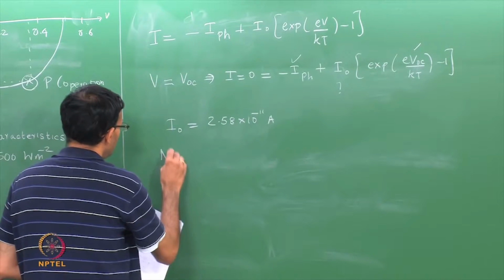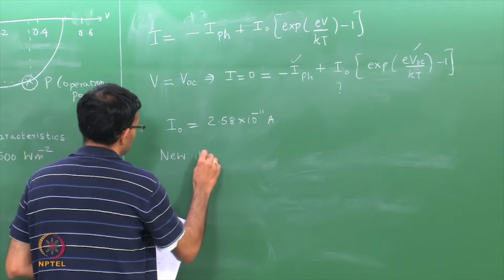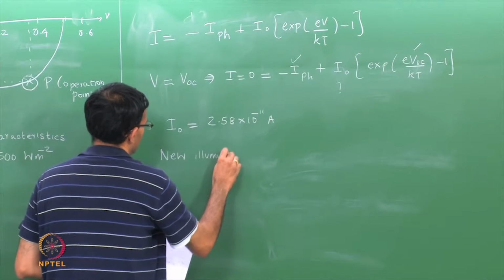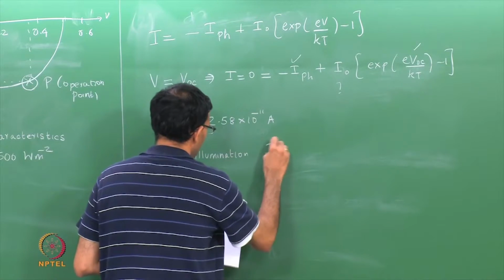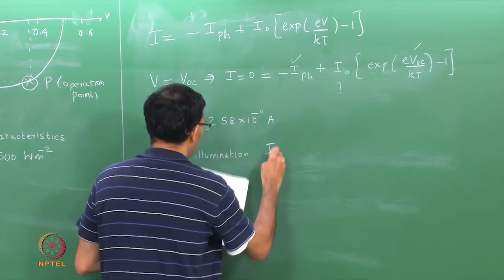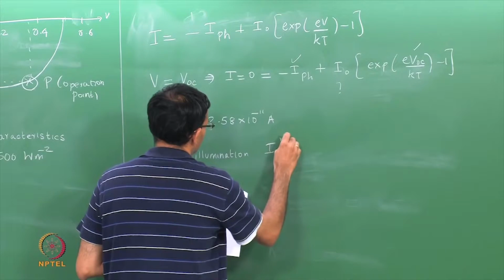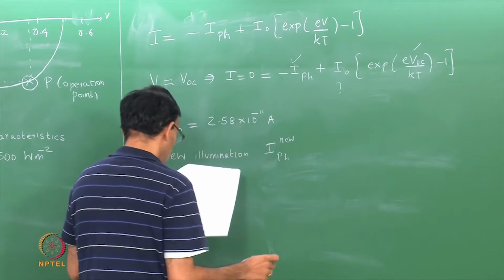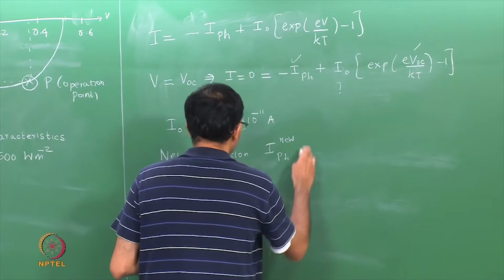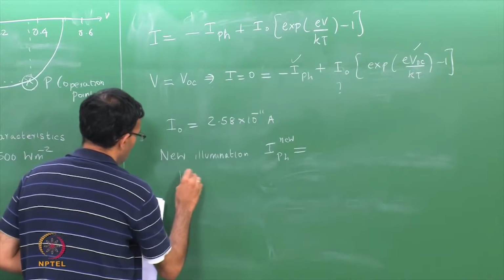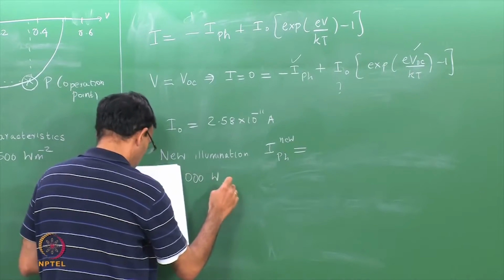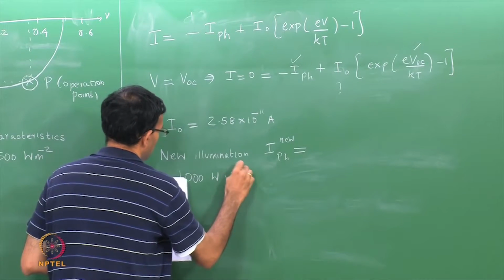So, now the new illumination, let me call it IPH nu, is 1000 watts per meter square.